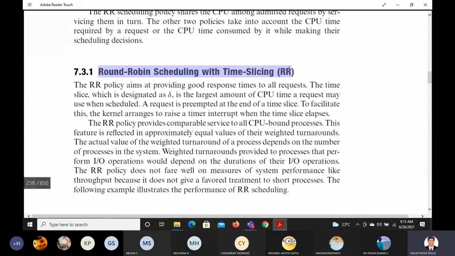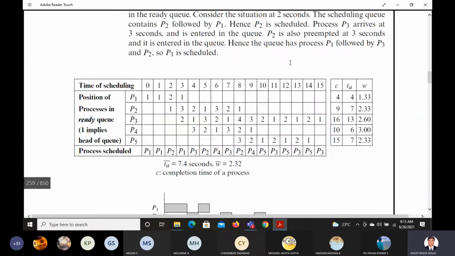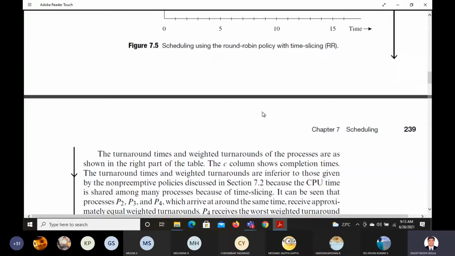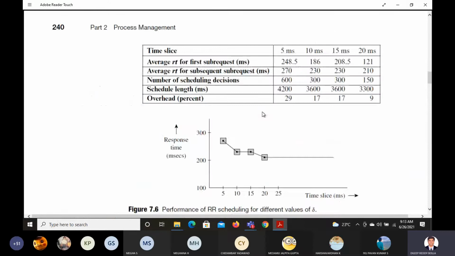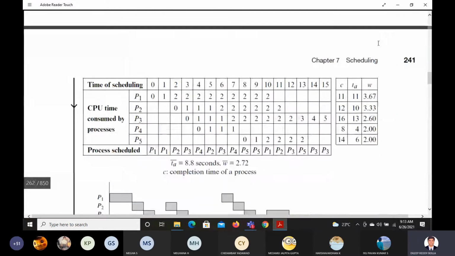In the example they have taken time quantum 1, so it will take more time for us to do it. If the time quantum is 2 or something, it will be easy for us to understand. And this is performance they compared with different time quantums, 5 seconds, 10 seconds, 15, 20. This will not be required, but okay.